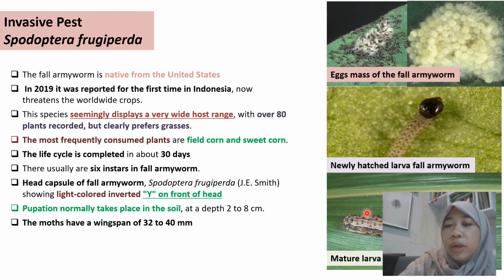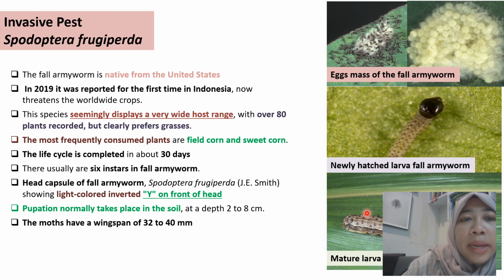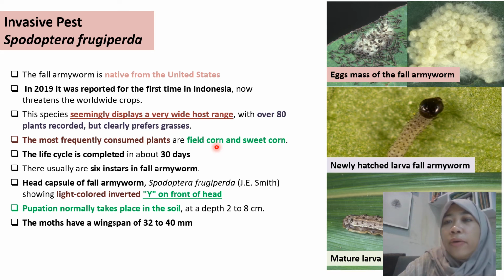This is the mature larva. Spodoptera frugiperda is a main pest of sweet corn and maize in Indonesia, and now it has spread all over Indonesia.